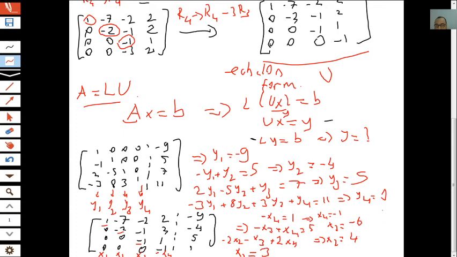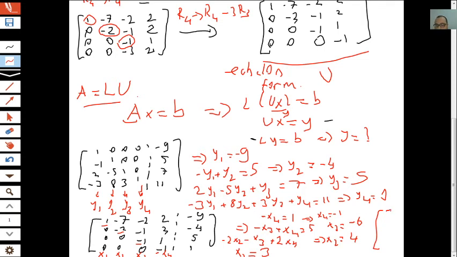Therefore the solution will be, we have a unique solution since we have a pivot position in every column, and this is a square matrix, so it means that it is an invertible matrix. Therefore the solution will be unique by the invertible matrix theorem also, and we don't have free variable, which means also we will have a unique solution.